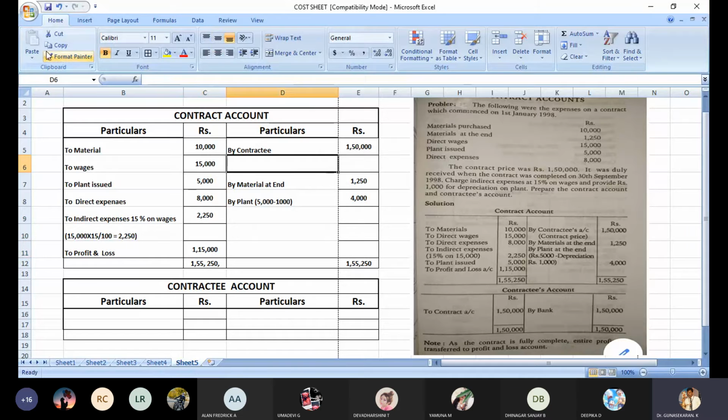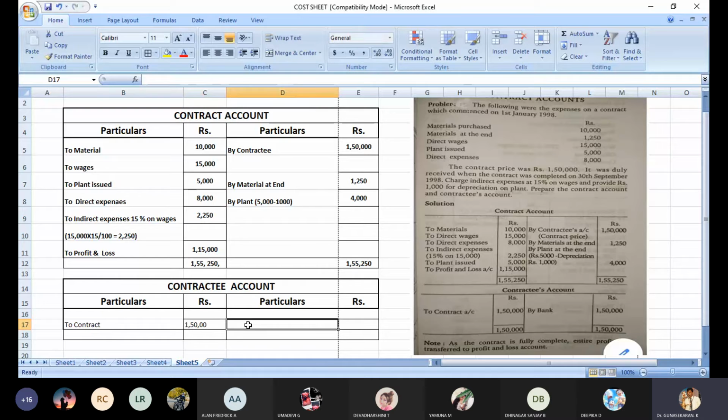Okay, this is the contract account. The contract account is very simple. Actually, you can enter the contract price only. That's all. To contract, contract price 1,50,000.